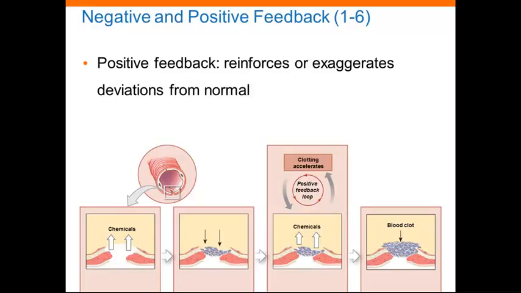So positive feedback does exist. It's less common because it reinforces or exaggerates deviations from normal. Of course, there's a threshold. It has to have an off switch so that it doesn't increase to a dangerous level. But an example that's given here is if a blood vessel is damaged, you have chemicals that are released to attract platelets to that damaged area.